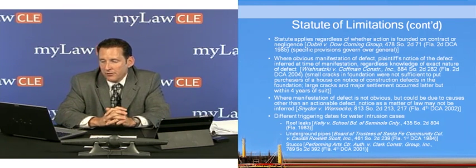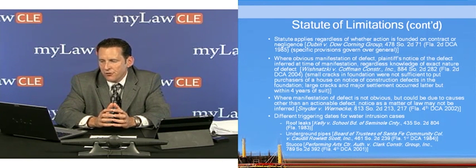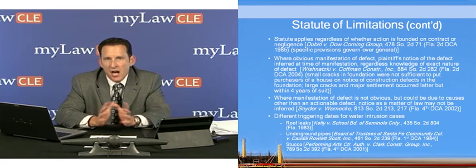And I think it's important to be aware that there are different triggering dates for water intrusion cases. I don't know why, but apparently there is a dichotomy of cases.